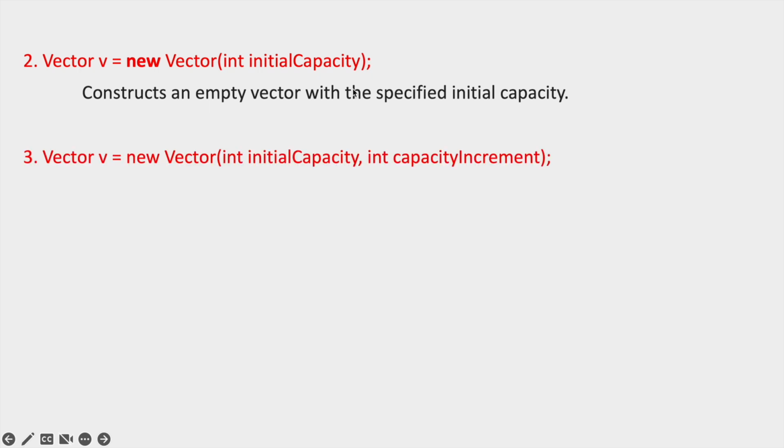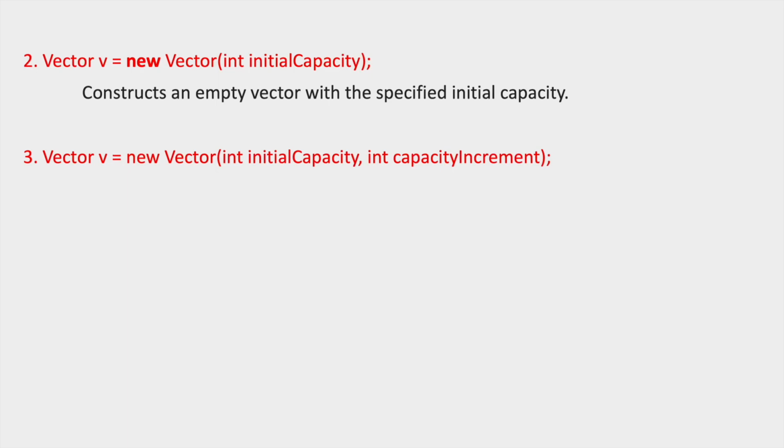The next constructor is Vector v = new Vector(int initialCapacity, int capacityIncrement). If you use the second constructor with capacity 100, once it reaches max capacity, the new capacity will be 200. In that situation, if we added only 2 or 3 elements, the remaining 95 locations will be wasted.